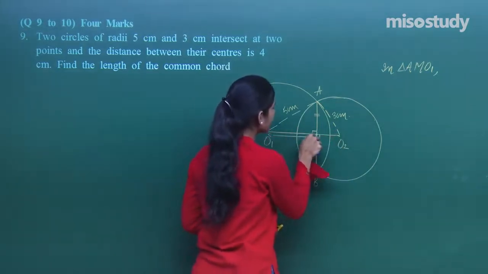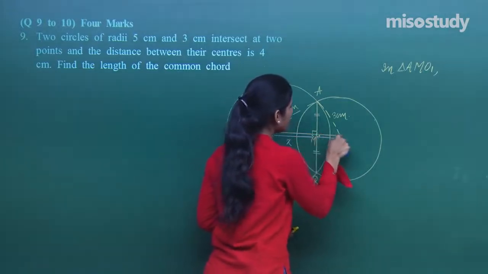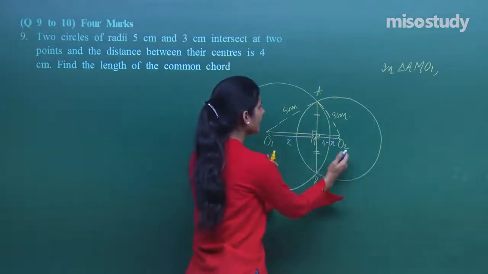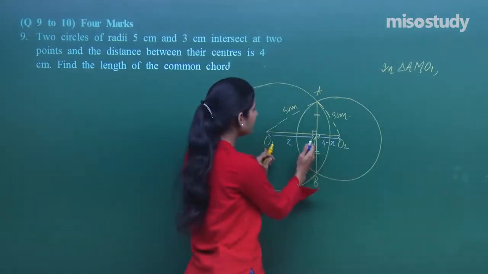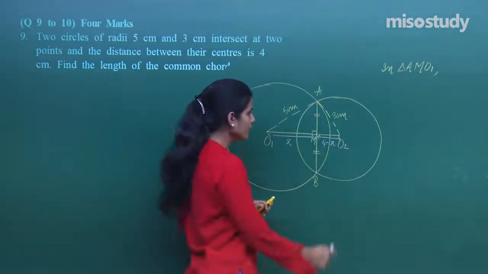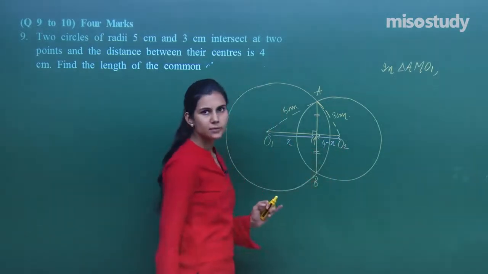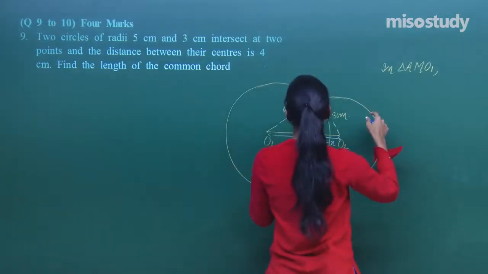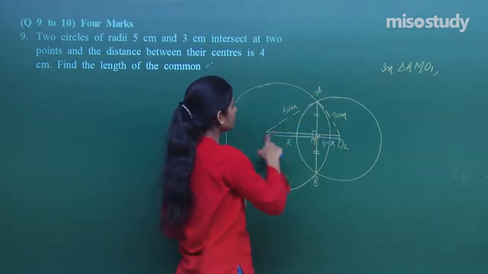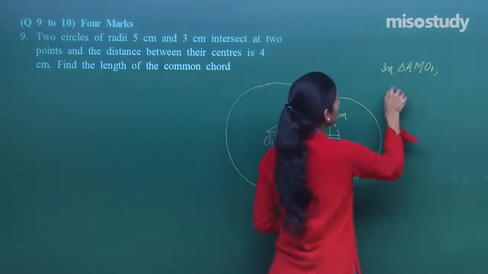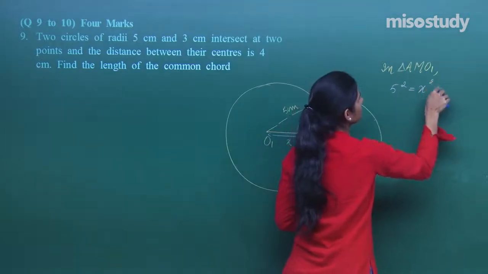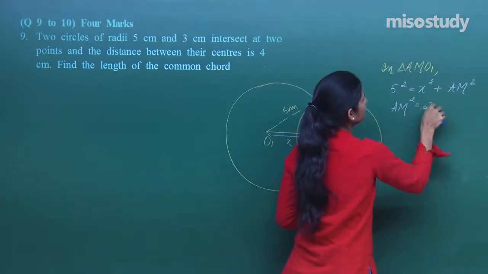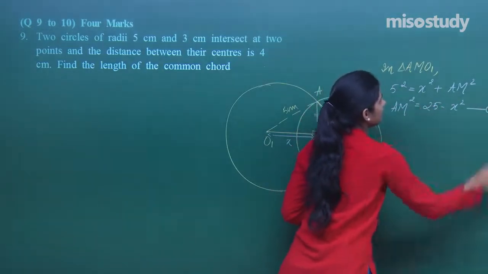If this I take as x centimeters, then MO2 will be 4 minus x centimeters, because between O1 and O2 the entire distance is 4 centimeters. So between O1 and M, if it is x, here it will be 4 minus x. So 4 minus x plus x gives me the entire distance between O1 and O2 as 4. So I will have hypotenuse square is equal to base square plus perpendicular square. So we will have 5 square is equal to x square plus AM square. So AM square will be 25 minus x square.